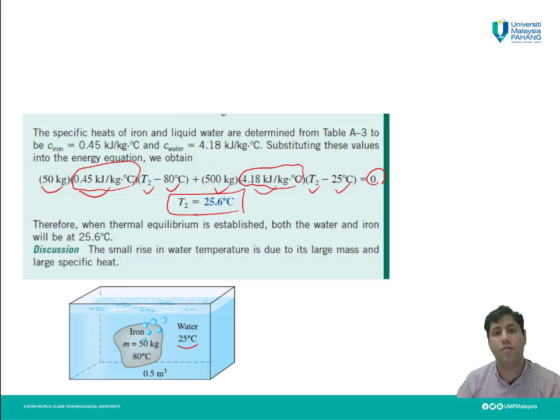It means we need more energy, here thermal energy, to increase the temperature of water compared to the iron. This is also what we can see in this example, and we found the answer: the equilibrium temperature will be 25.6 degrees Celsius.